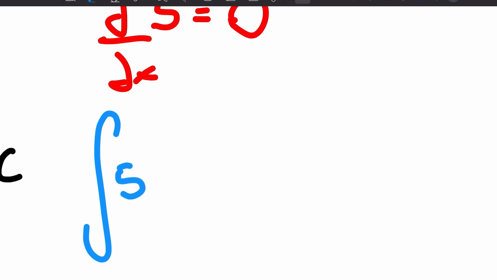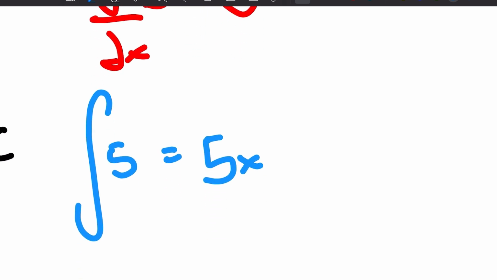Say the integral of 5 is going to be equal to what? What it actually is equal to is just the number, which is 5, times x.